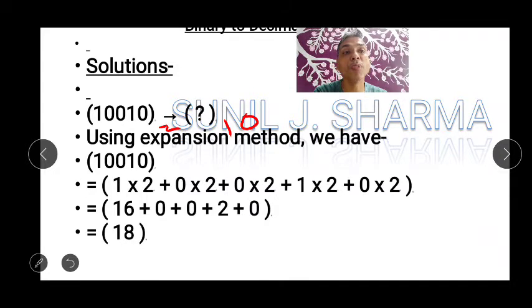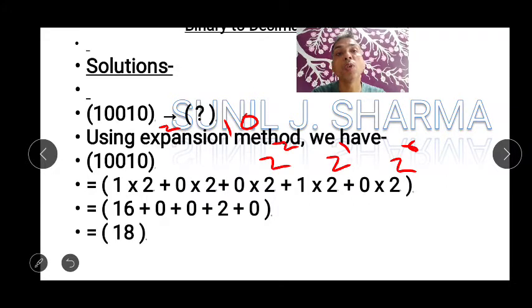So this will be 2 raised to 0, 2 raised to 1, 2 raised to 2, 2 raised to 3, and this should be 2 raised to 4. Only the digits are written, the base is not written, and this has to be 2.